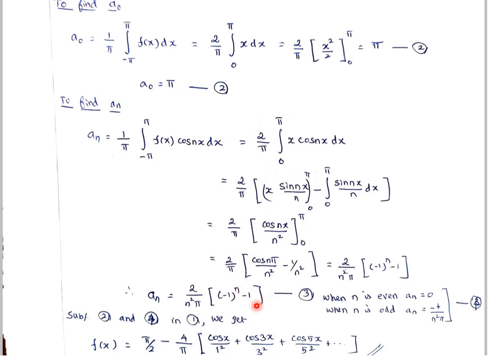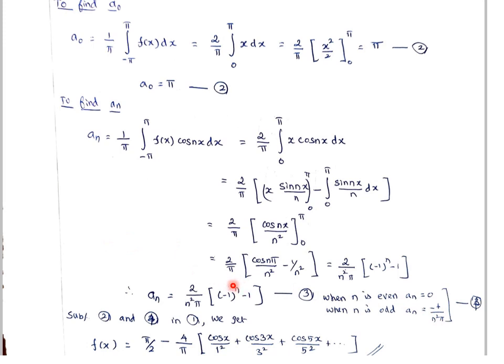Here, we have to check the value of n. If n is an odd number, minus 1 whole to the power of n will become minus 1. In this case, it is minus 1, therefore minus 2 into 2, minus 4 divided by n square pi. If n is odd, then an will become minus 4 divided by n square pi.